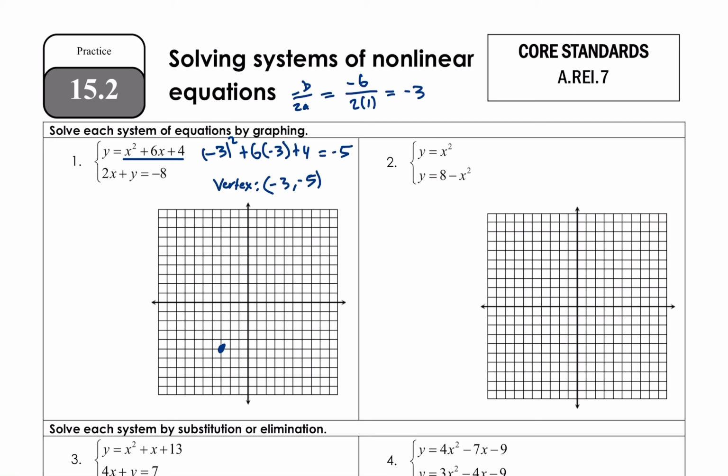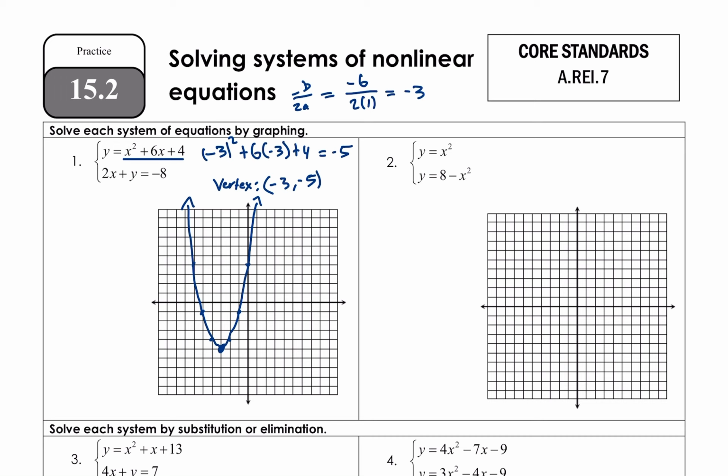So we go over 1, up 1 on both sides, over another one, up 3 on both sides, and then over one more, up 5. And just like that, we've got our basic shape of what our quadratic is going to look like. So we can then come through and graph that like so.